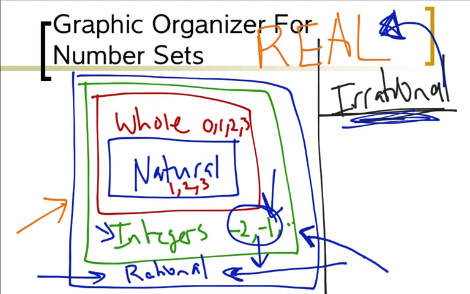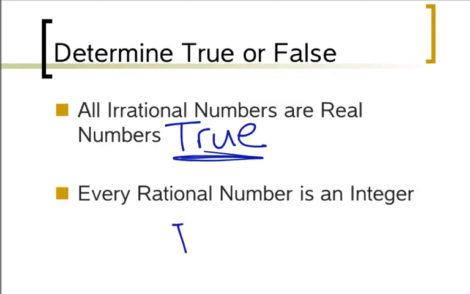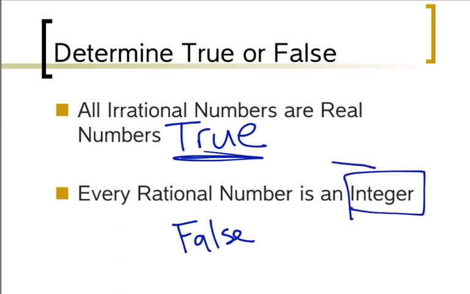So that means that this is a false statement. So I say false here. Every rational number is not necessarily an integer, although all integers are actually rational numbers. You can't go backwards. Okay? So you work through some of those true or false statements using that graphic organizer. It makes it very helpful.